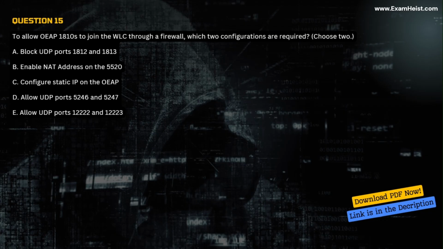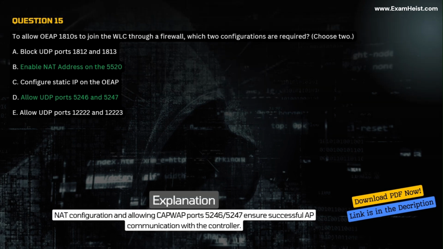E. Allow UDP ports 12222 and 12223. Correct answer, B and D. Enable NAT address on the 5520. Allow UDP ports 5246 and 5247. Explanation. NAT configuration and allowing CAPWAP ports 5246/5247 ensures successful AP communication with the controller.